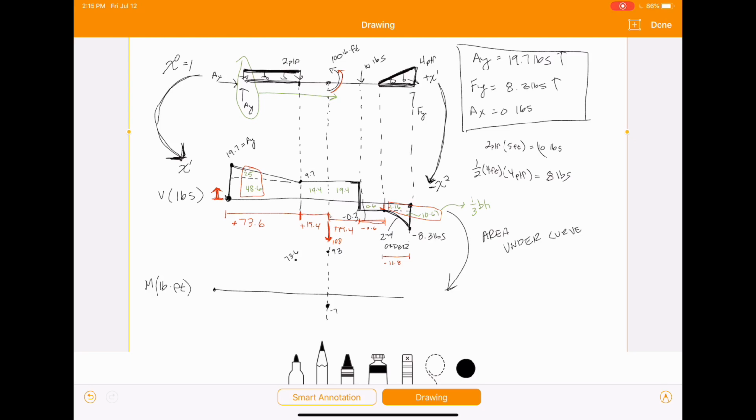And then we've got to add 19.4 to that. So we're going to get 12.4.